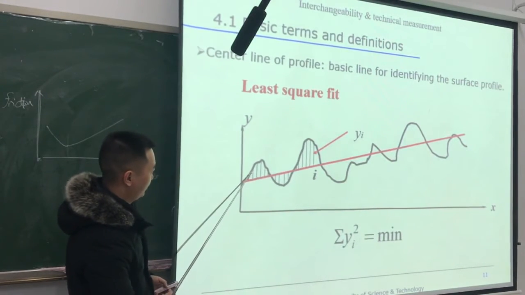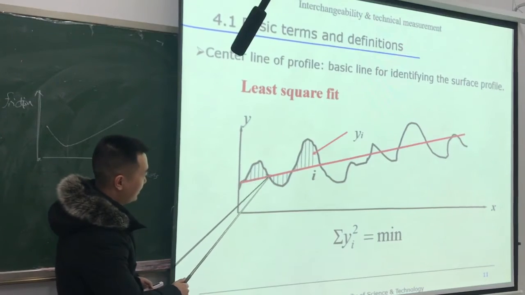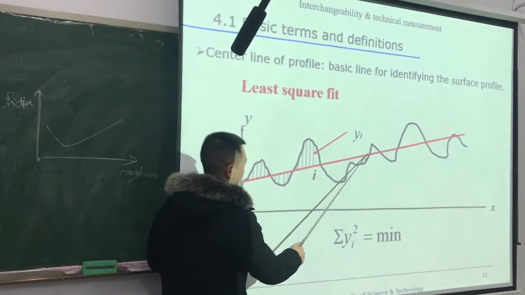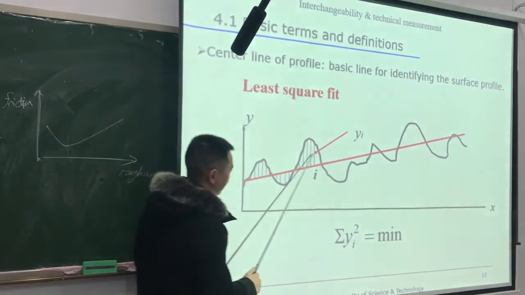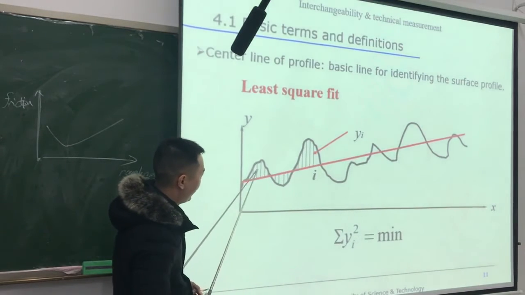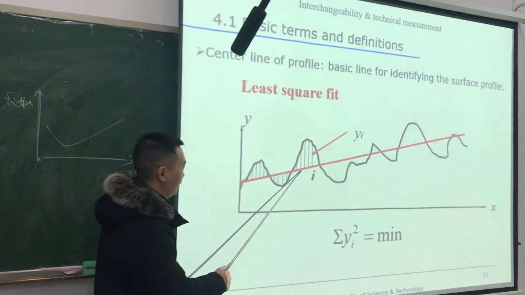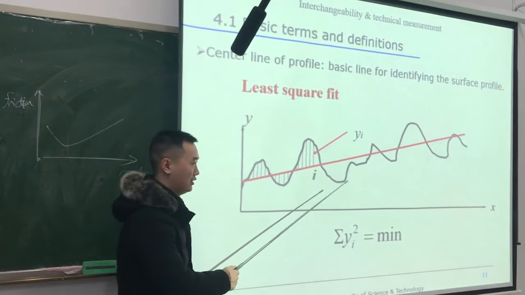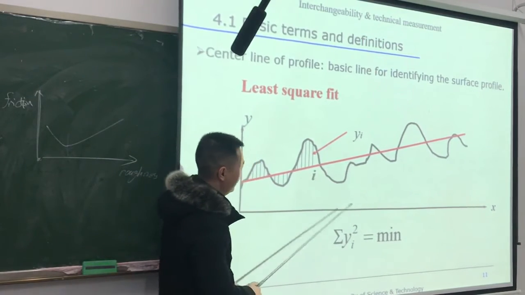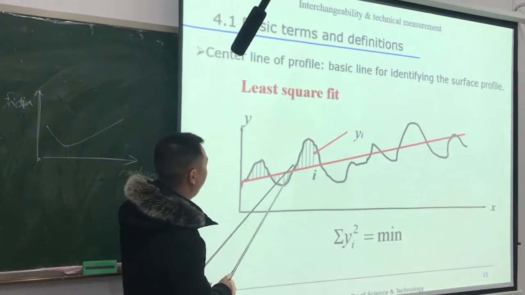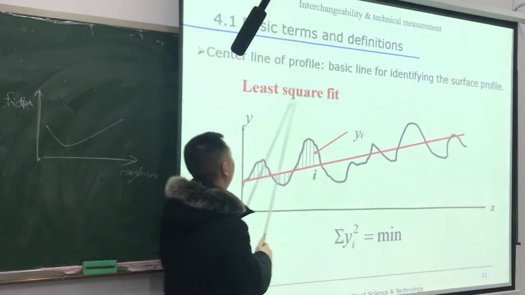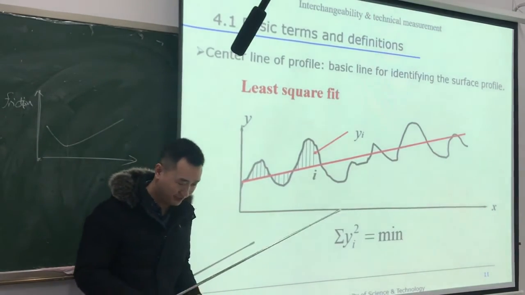That means for the data on the profile, we calculate their distance to the line and try to minimize it. The corresponding line is the center line.